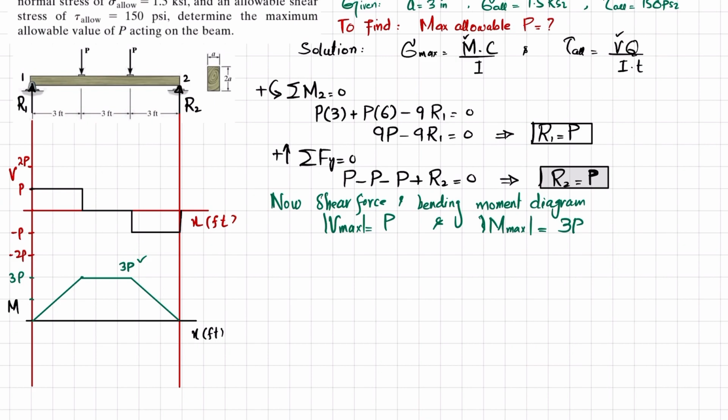So we'll move further and we will use this formula. Maximum stress is equal to maximum bending moment into C divided by I. Since we have been given the cross section of this beam, this width is given as A, which is 3 inch, and the height was 2A, so 2 multiplied by 3 is 6 inch.